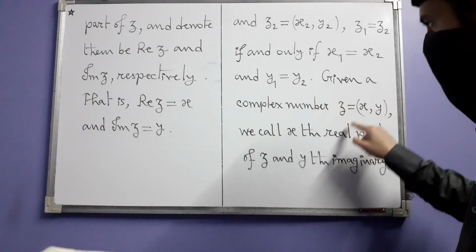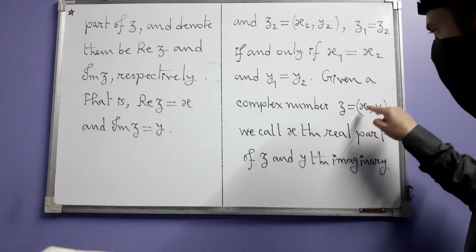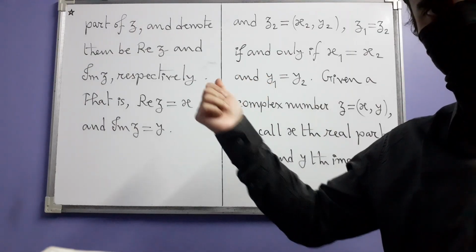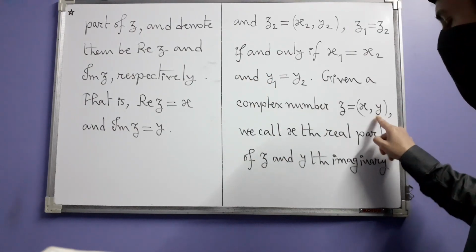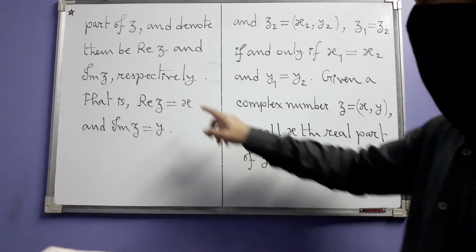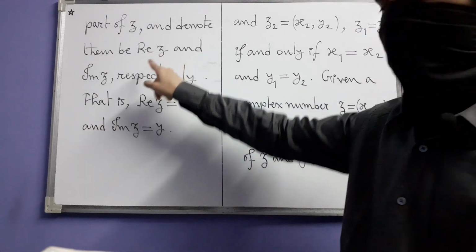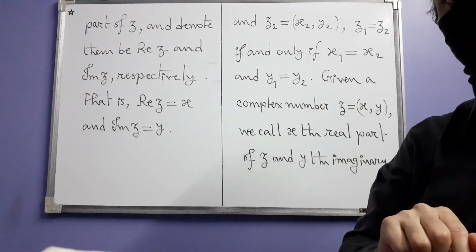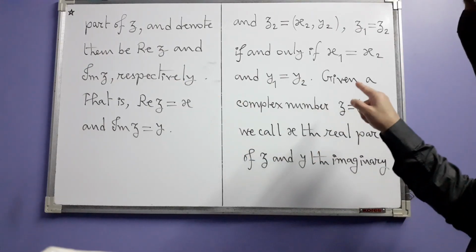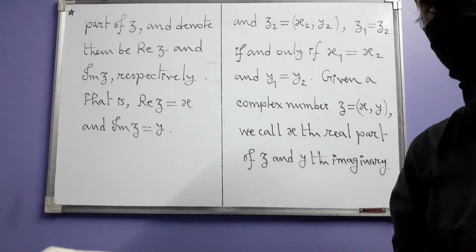Once you have a complex number, its first coordinate is uniquely determined because of that definition of equality, and the second coordinate is also uniquely determined. That is why when you talk about the real part of z, there is only one real part, and similarly there is only one imaginary part for a given complex number.